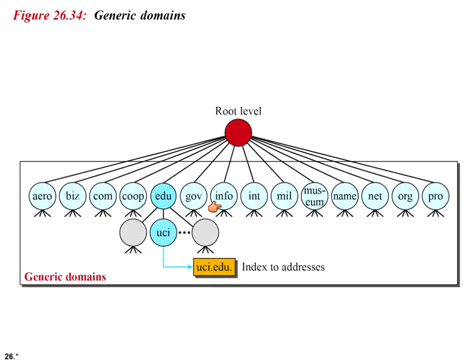Info is for information service providers. Then we have int, for international organizations. Then MIL, this is for military groups. Museum is for museums. Name is for personal names, for individual names. Net is for network support centers.